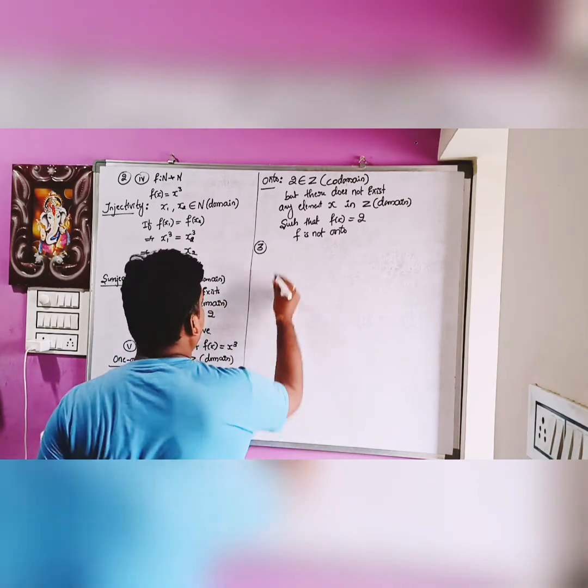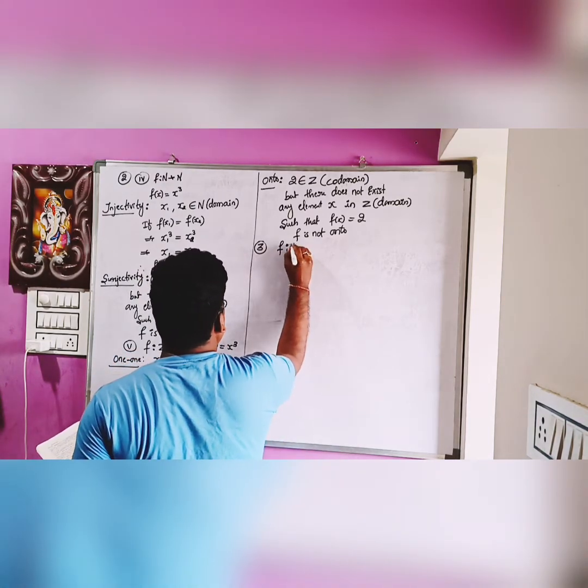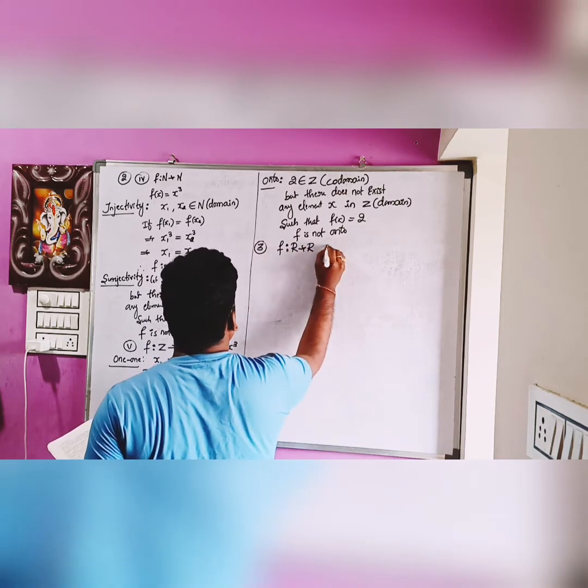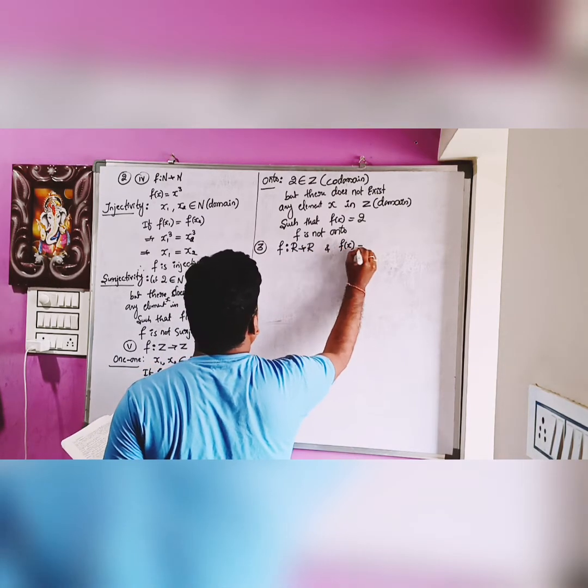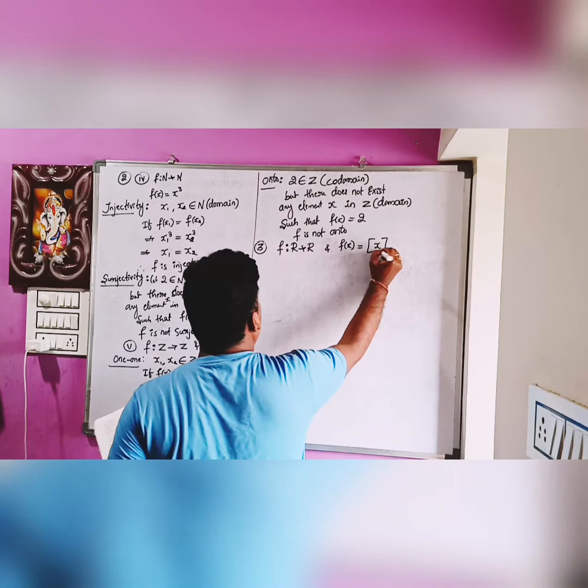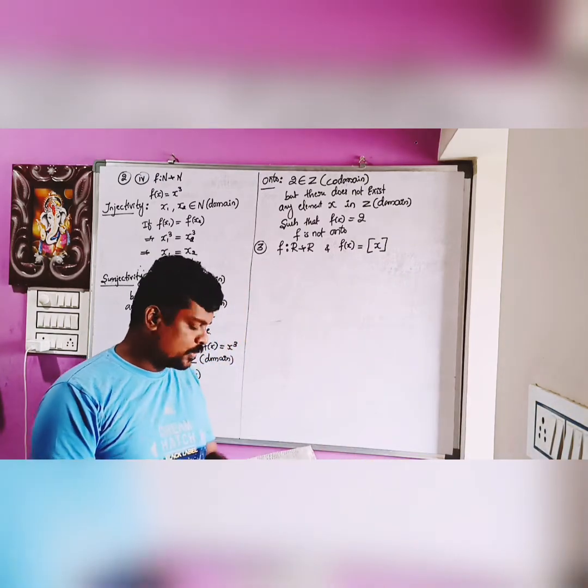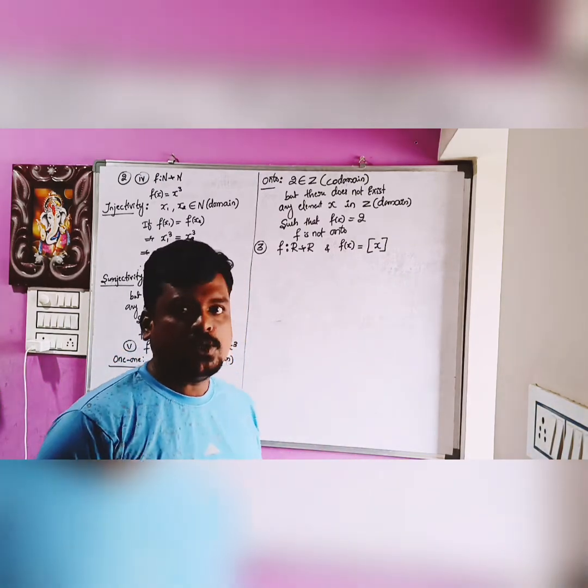It is the greatest integer function. f is defined from R to R, and f of x is defined as the greatest integer of x. For this we have to prove that it is neither one-one nor onto.